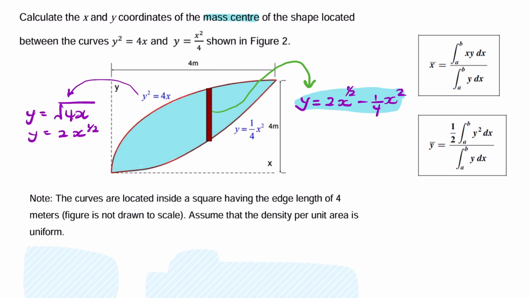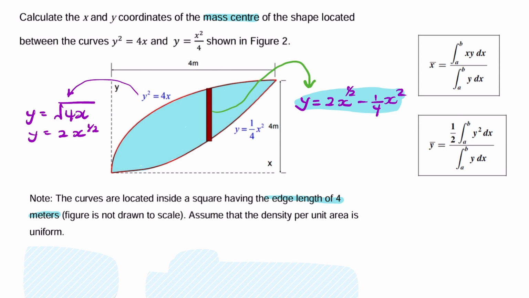They've given us some useful information here. They've said that the edges have a length of 4 meters. That means this is 4 meters and this is 4 meters. So if this point here is 0, 0, then this point here will be 4, 4.